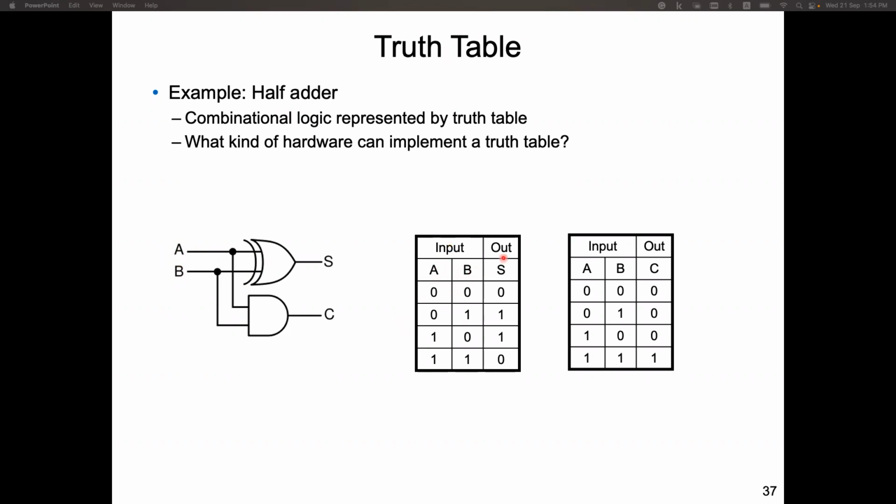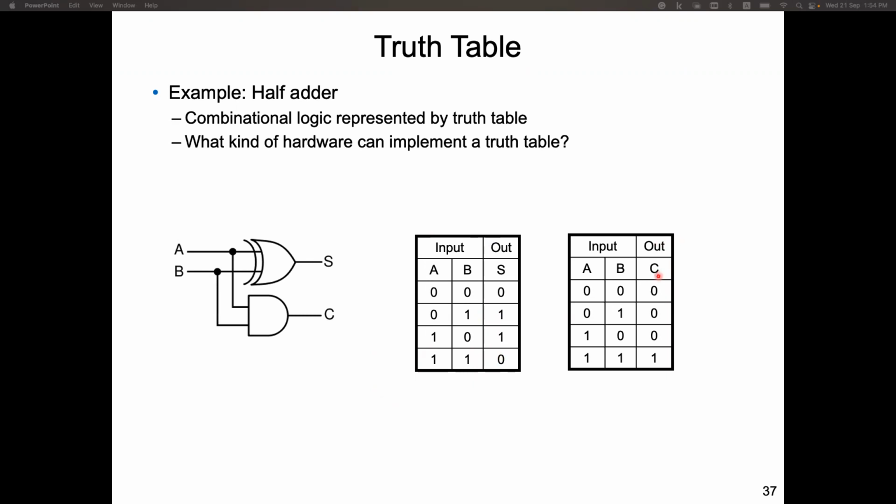This is the truth table for the sum output. If both inputs are 0, then the output is 0. If one of them is 1, the sum output will be 1. If both inputs are 1, the sum output will be 0. And that's binary addition.